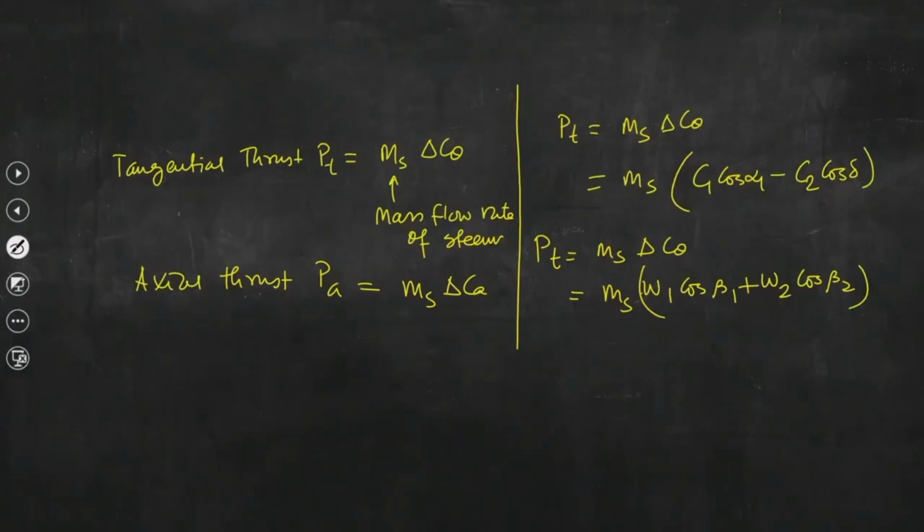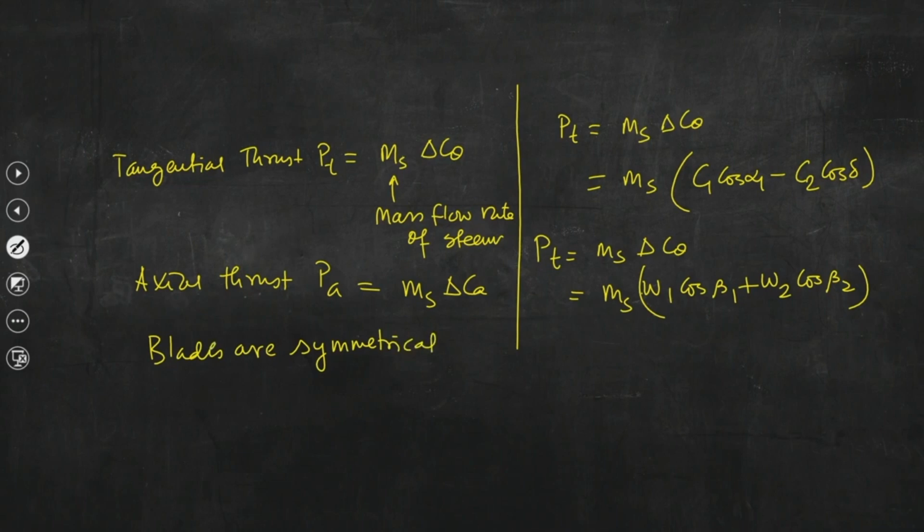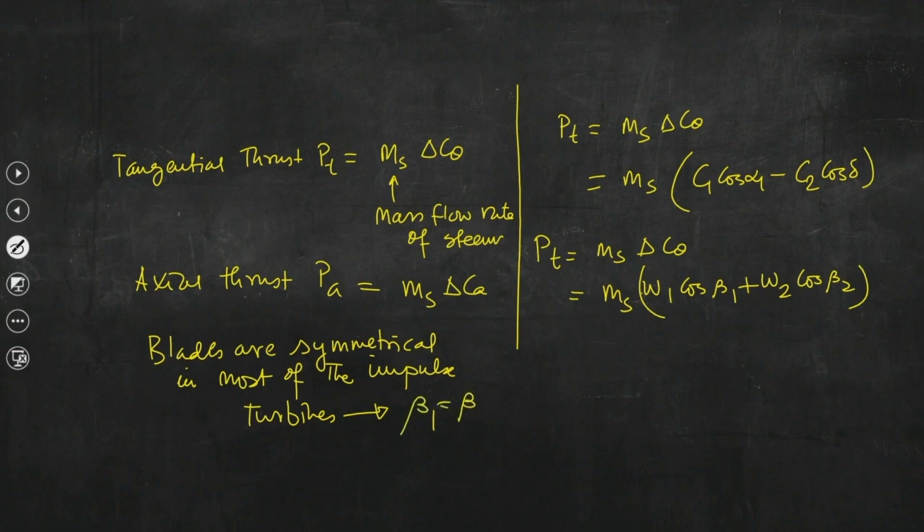So blades are symmetrical in most impulse turbines, that implies beta 1 equal to beta 2.